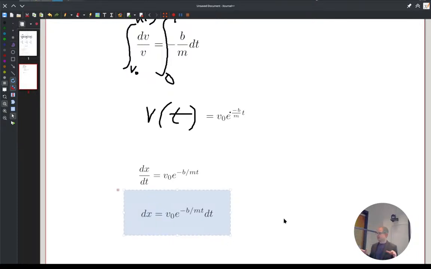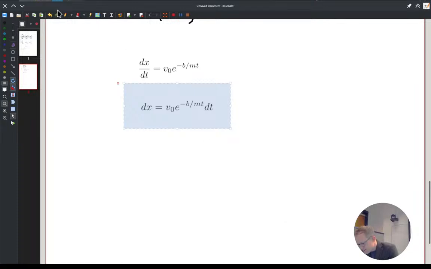So now we've got another separate equation. Right-hand side is all t's, left-hand side is all x. Integral of dx is x, well, x minus x0. Yeah, that t is in the numerator, right? It's just not in parentheses.